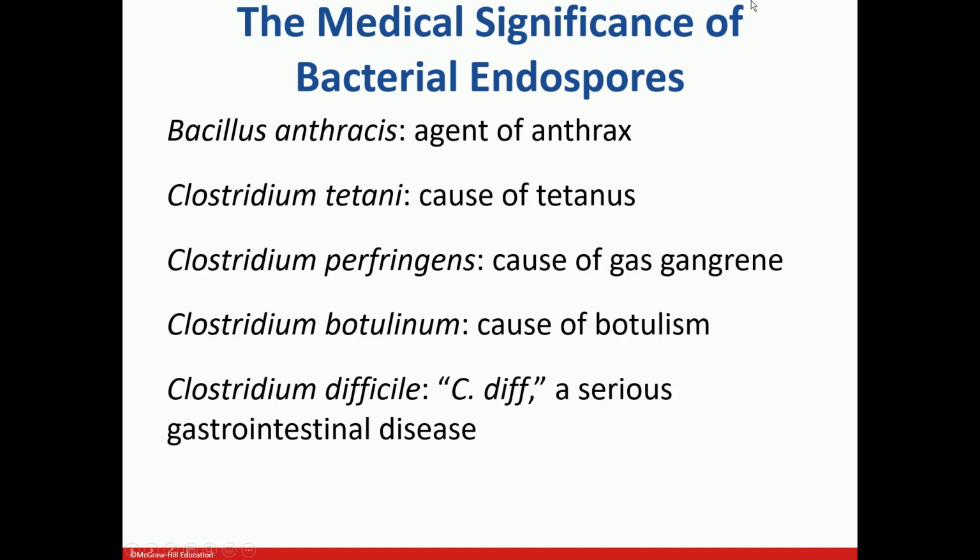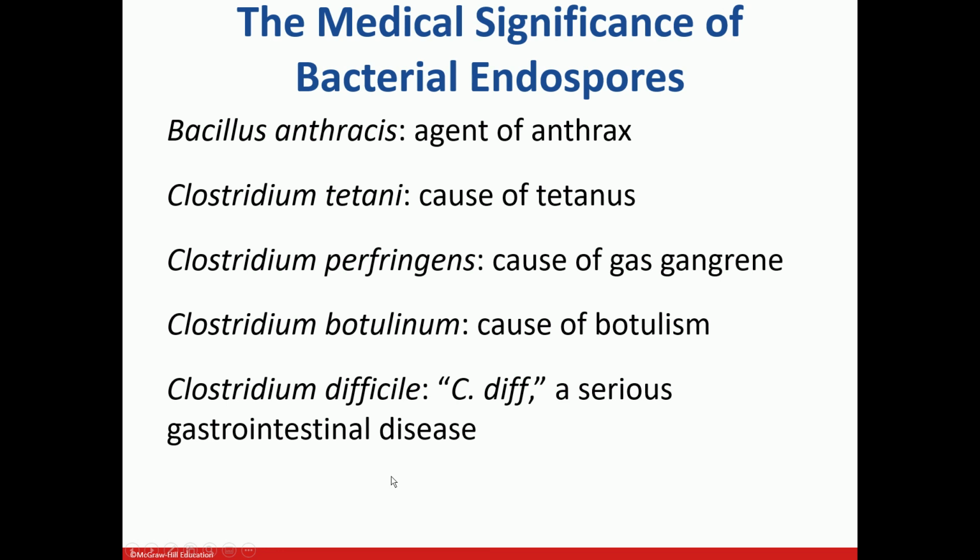Now these are some of the bacteria which form endospores. Bacillus anthracis, which is the causative agent of anthrax. Clostridium tetani, which causes tetanus. Clostridium perfringens, cause of gas gangrene. So these are all important from a medical point of view, because these are some of the bacteria which can form endospores.